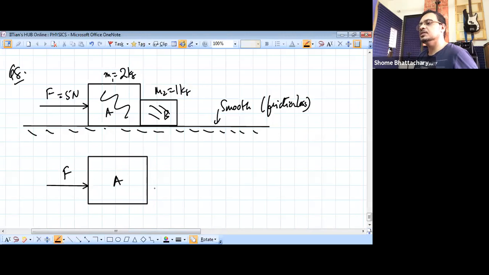Block A ends up pushing the second block with some force. I'm showing them at a distance, but actually they're not at a distance. So block A ends up applying some force on block B, some kind of what we call a contact force on block B.